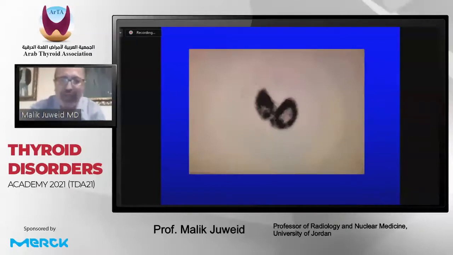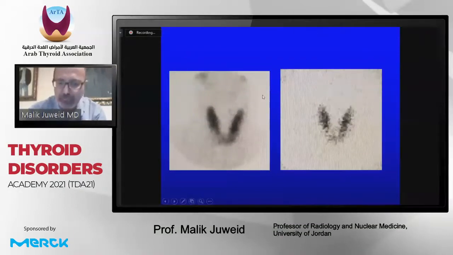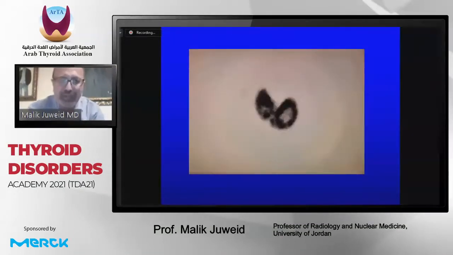So this is an example of a patient with Graves' disease with uptake of 70%. Yet we can see here two cold nodules, one in the inferior right thyroid lobe, another in the upper to mid left thyroid lobe. They are clearly worrisome in the context of Graves' disease.